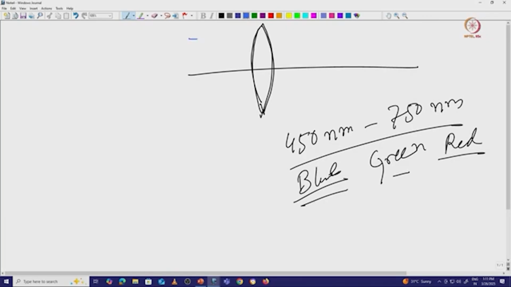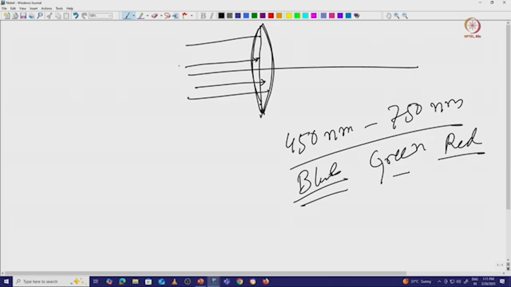Let us draw the normal ray, and the normal ray color is black. The black rays are coming and are supposed to merge, but due to some kind of defect in the material of this glass lens, it is going to split.